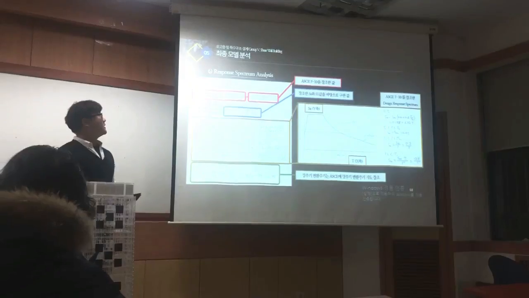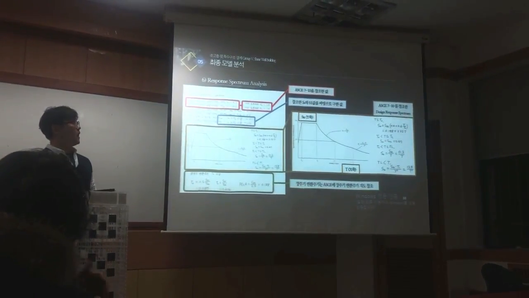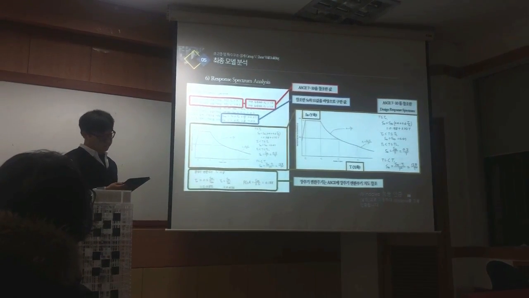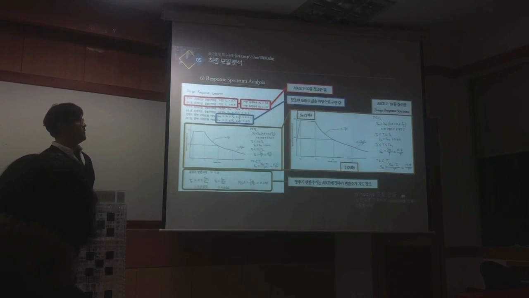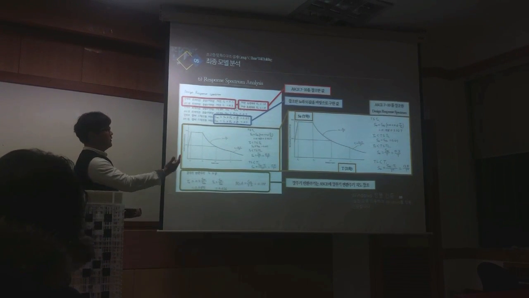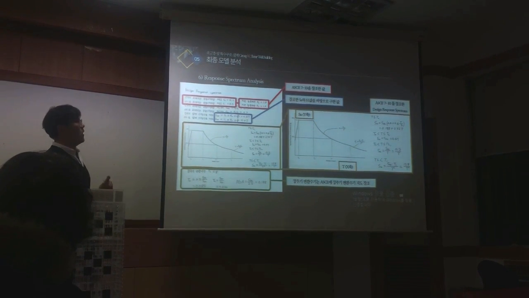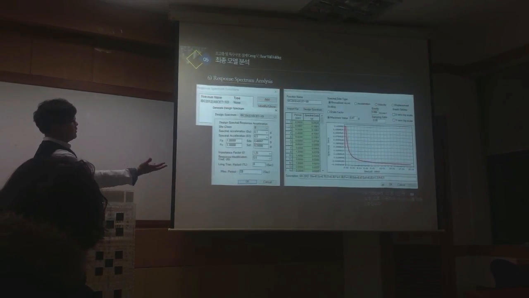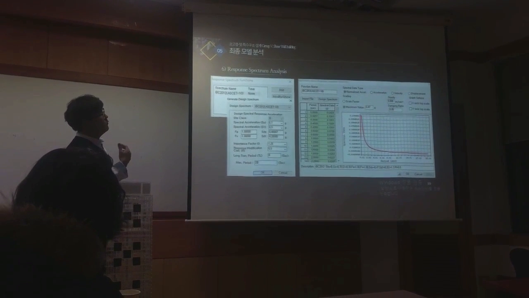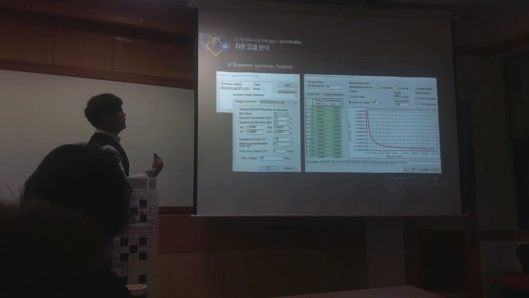So next, this is response spectrum analysis. So minus y-axis means different from what we have to do. So through this process, we got the correct y-axis. So next, please. This shows how we got the correct y-axis through Excel.